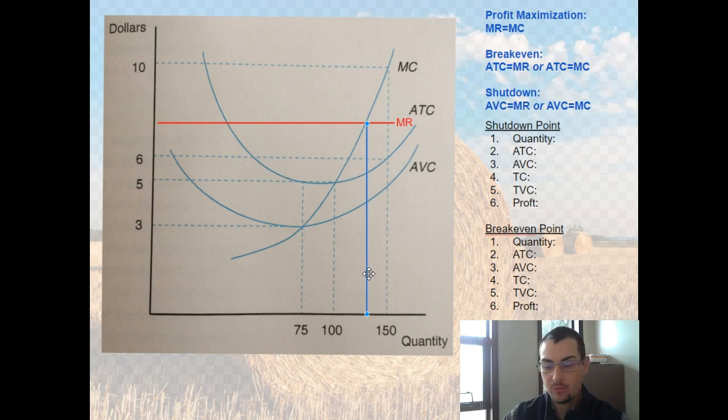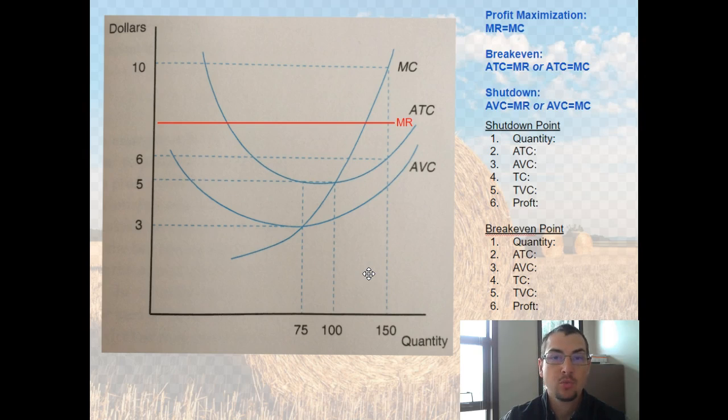Now, the reason we always produce where marginal revenue equals marginal cost is because marginal revenue is the revenue from producing one more unit of output, and marginal cost is the cost of producing that one more unit. If the amount coming in is equal to the amount going out, then we're in equilibrium.